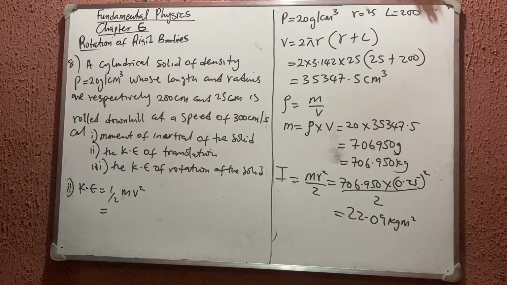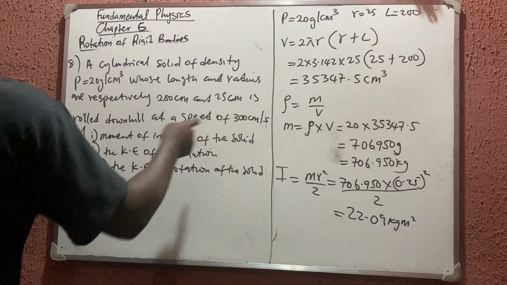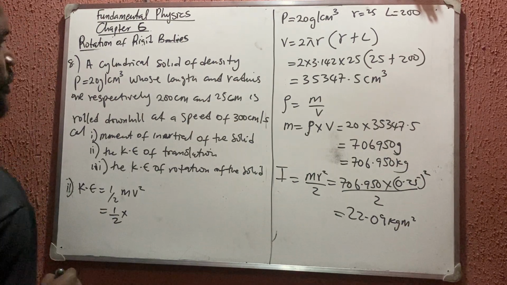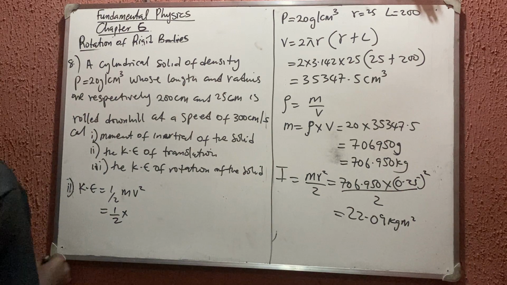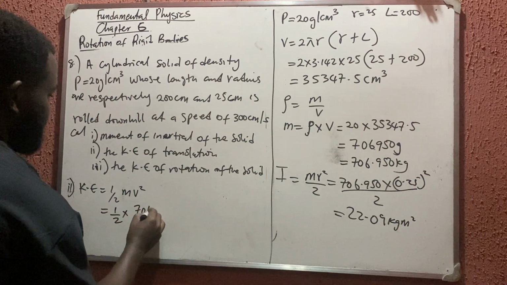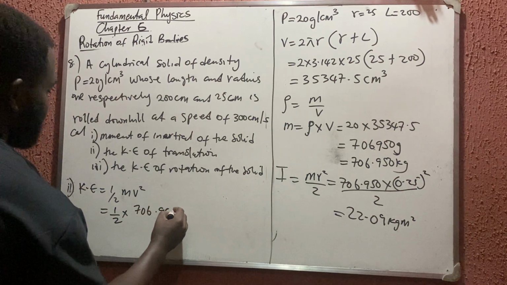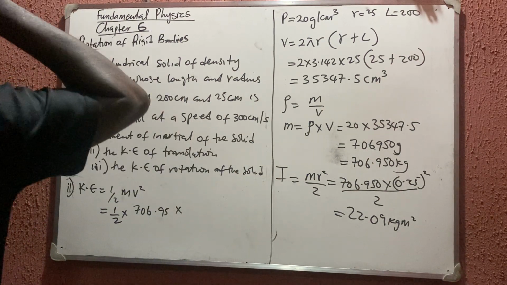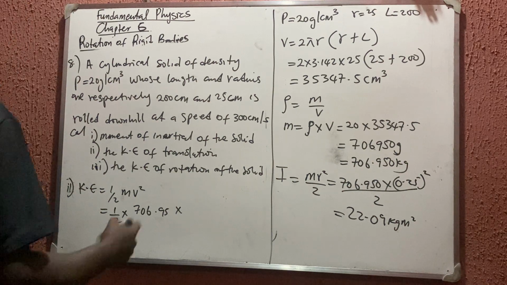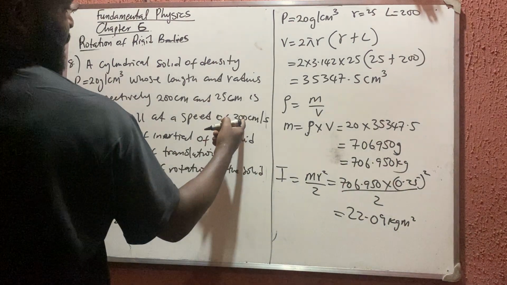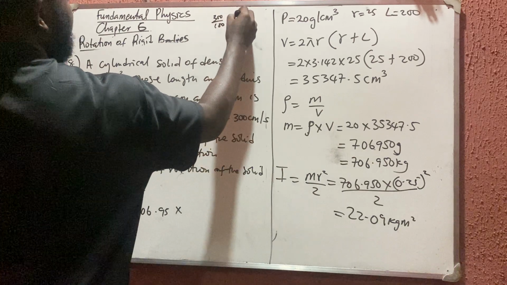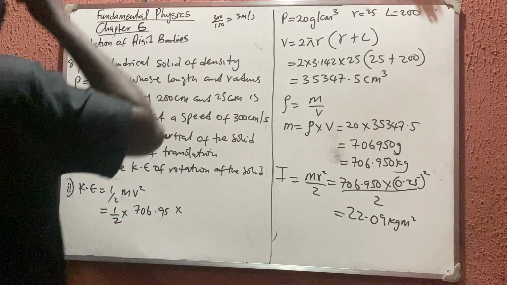The kinetic energy of translation. Kinetic energy of translation is half mv squared, which is what? 1 over 2 times my m is 706.95 times my v squared. Convert this one to meter per second. So just divide this by 100. That is 300 divided by 100, which is what? 3 meter per second.